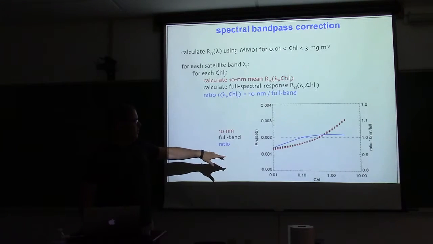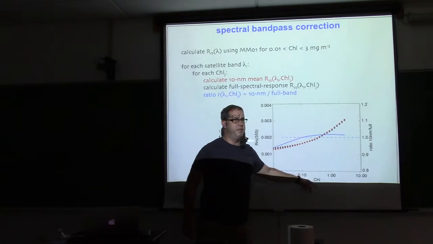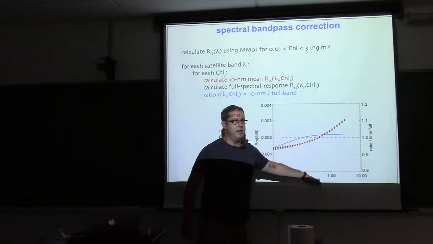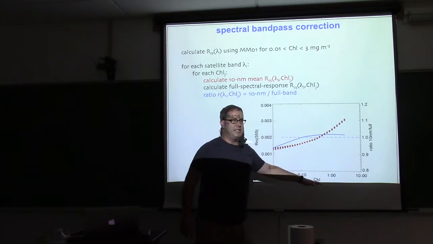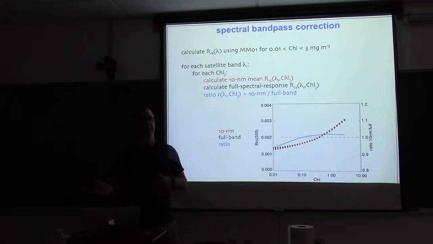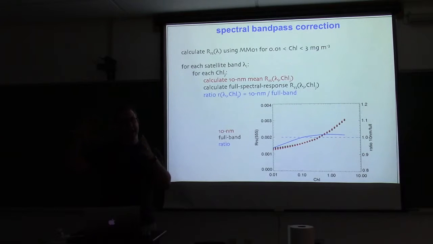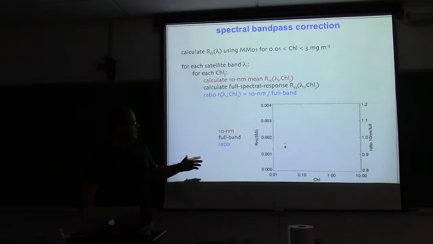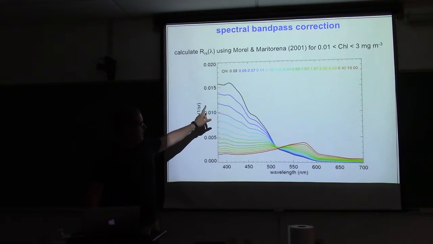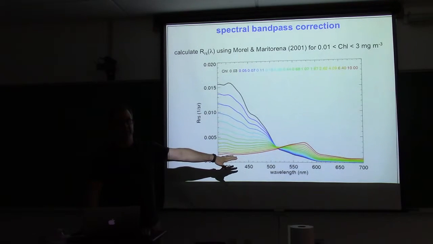In a perfect world, I would make this, and instead of using chlorophyll here, I would just use the ratio of 490 to 555 or something like that. But there's a disconnect, and maybe this can be revisited using Hydrolight or a better model than the Morel one, since there isn't a clean relationship where you could generate your lookup tables using just 2 wavelengths.